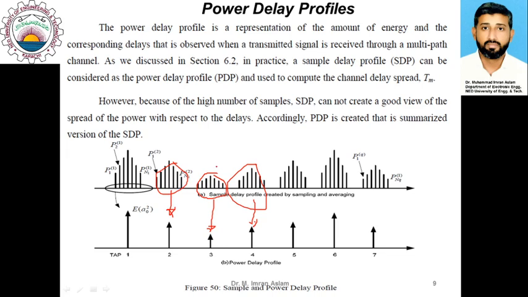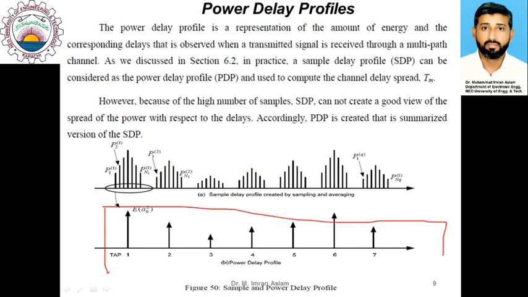They are combined to form an average value, and this type of profile is typically known as the power delay profile. Different signals arrive at the receiver at different times, and we combine them together to represent the power delay profile.